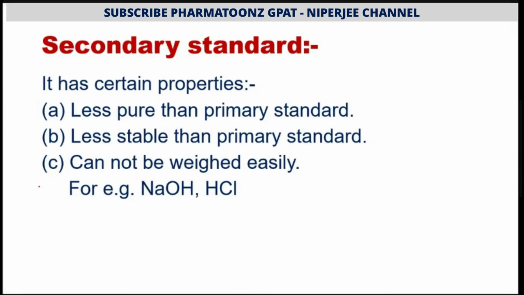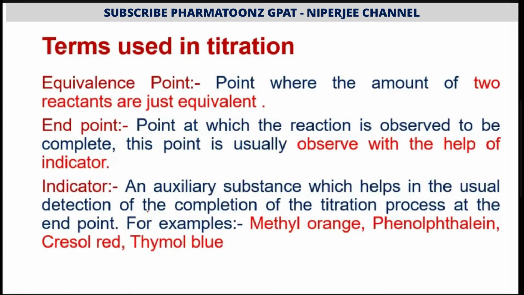It has properties opposite to the primary. It cannot be weighed easily, it is less stable and less pure compared to a primary standard compound. Examples are NaOH and HCl, which come under secondary standard compounds.